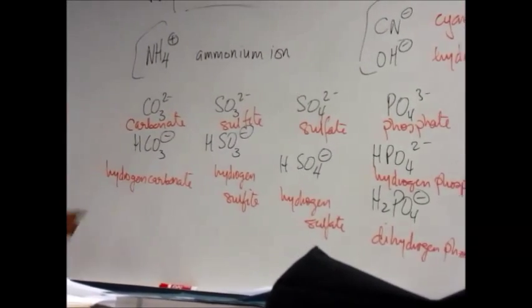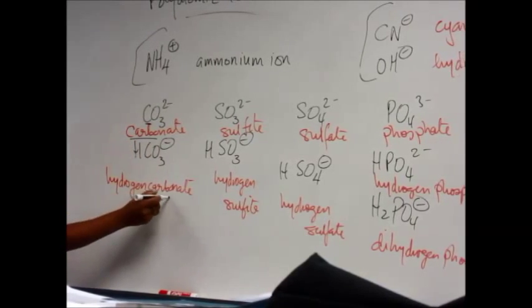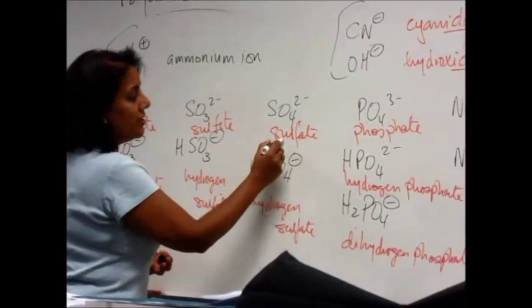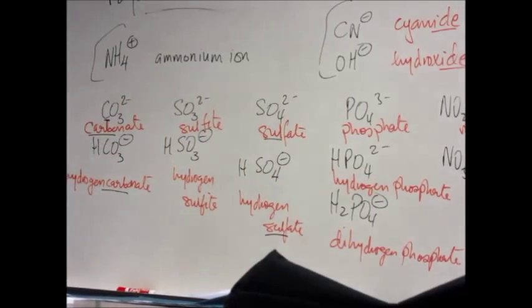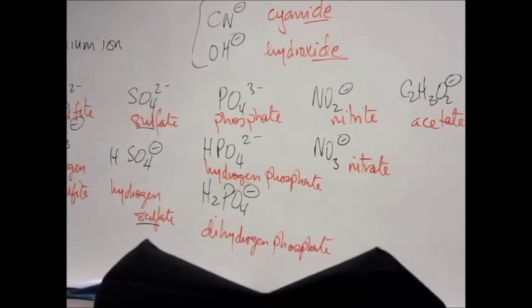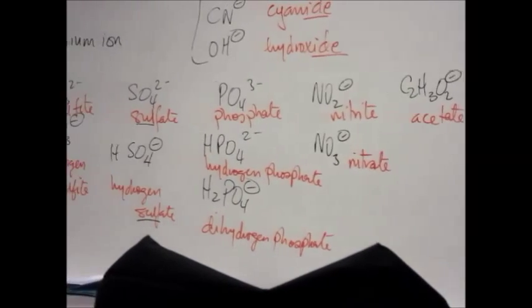The other thing you will notice is that carbonate should give you an idea that you have carbon in there. Sulfate should give you an idea that there is sulfur in there. Nitrate should tell you that you have nitrogen in there. Whatever hints you need to give yourself, give yourself those hints.